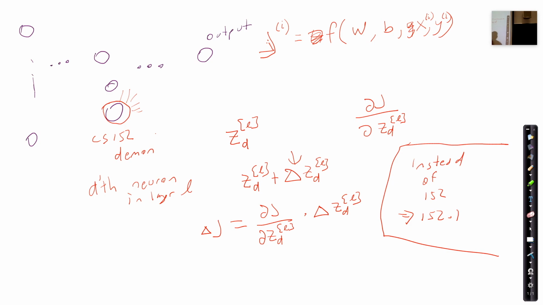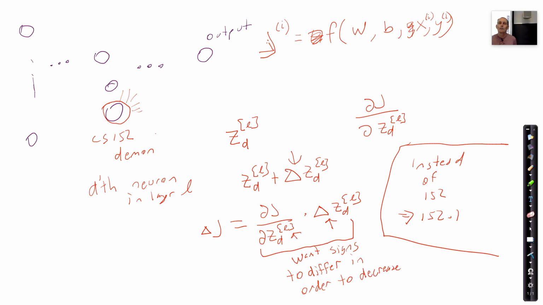So we want the two signs to differ, here and here, in order to decrease the cost. If we're an evil demon, then we would want them to match, right? Does that make sense?